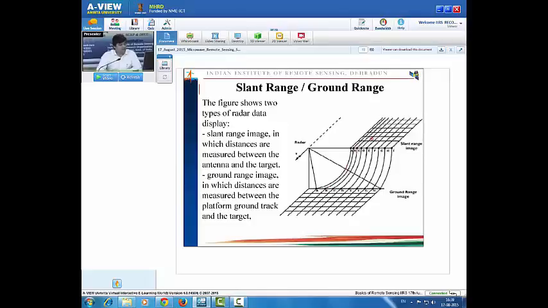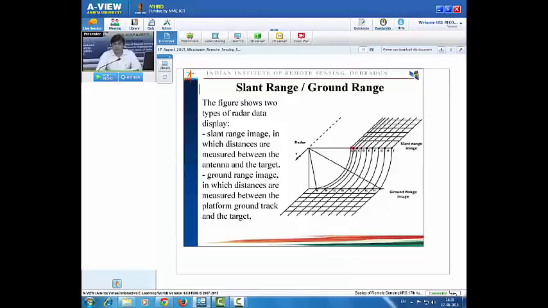Now what we are seeing, the upper image is showing the appearance of the objects or the distances in the SAR imagery. So the real earth or ground range information is this one, and its appearance on the SAR imagery is this one.